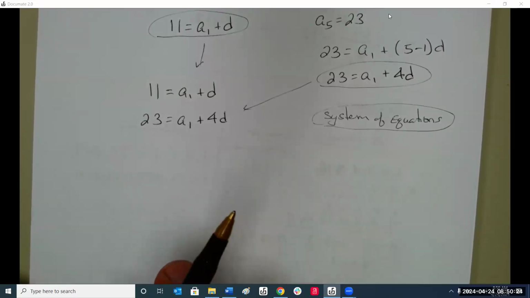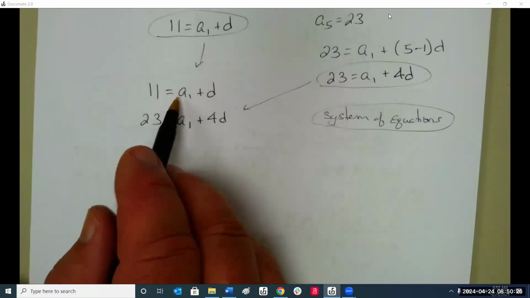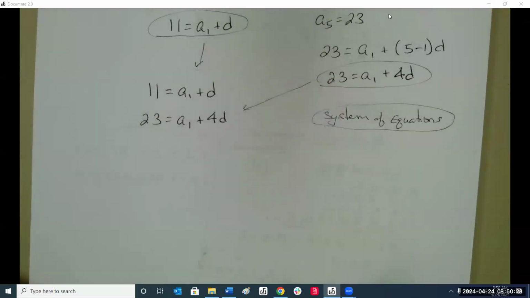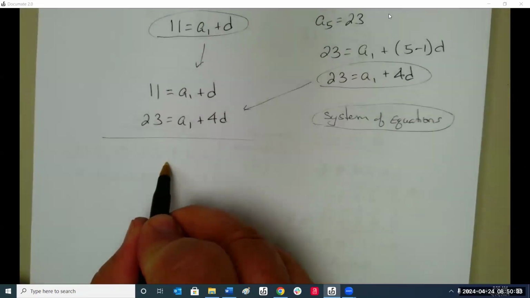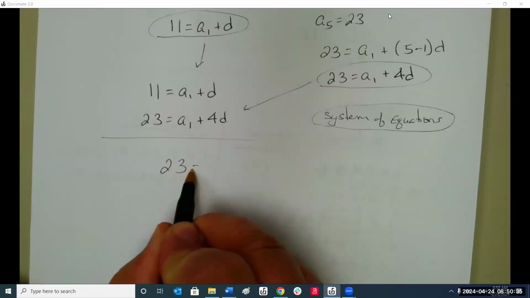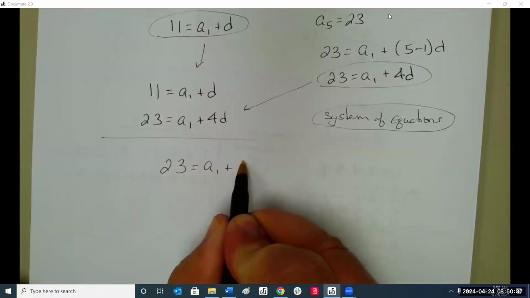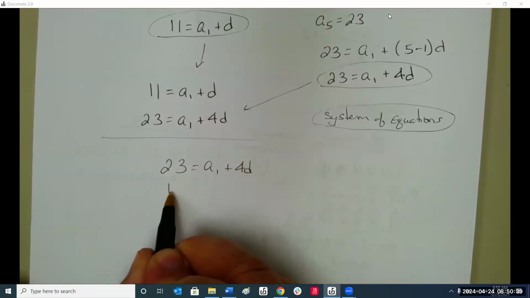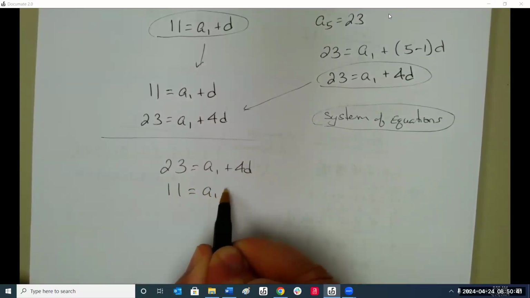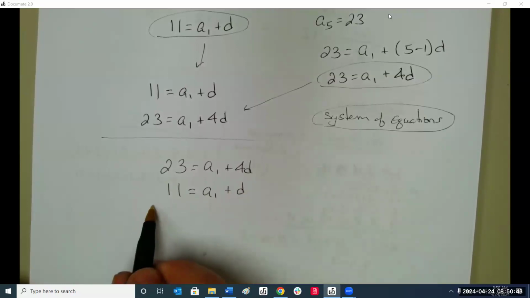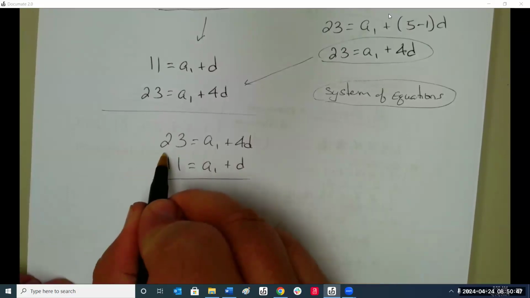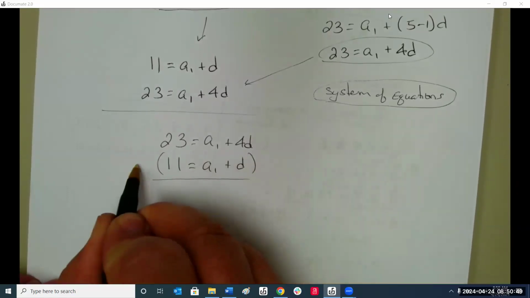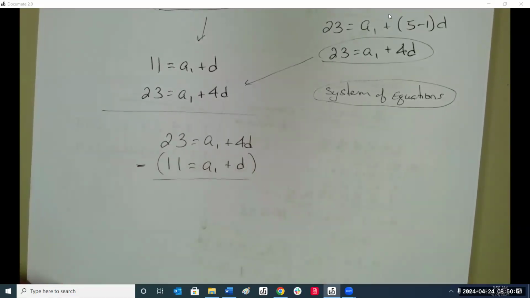The theory is this. We have two equations and two variables. We have to get rid of one of the variables. So let me rewrite this equation so the bigger one's on top so it's easier to work with. What I want to do here is take the top equation and subtract the bottom equation.